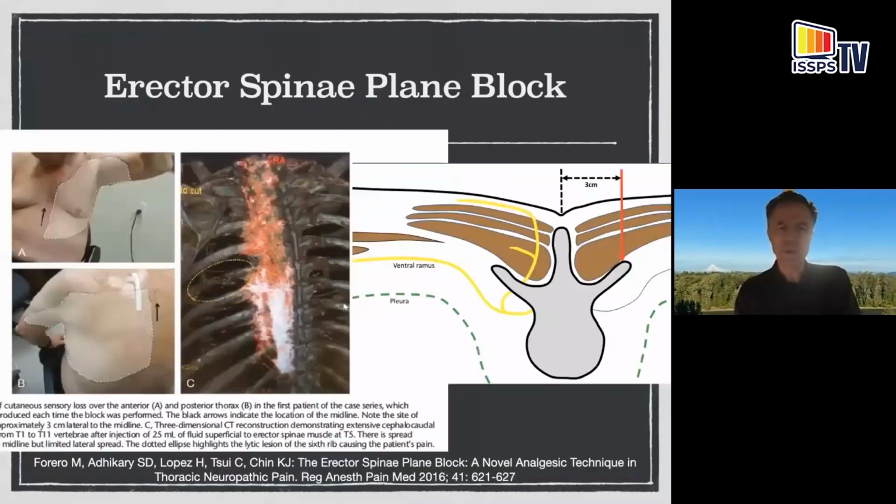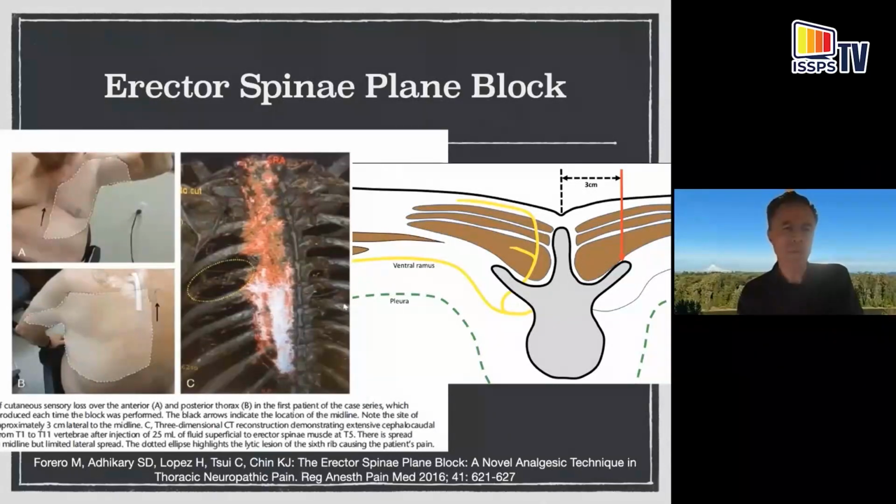As I mentioned before, the technique was described in 2016, and most of the audience will be fully aware that this was described following treatment of a patient with severe unremitting pain due to a metastasis involving the patient's rib.